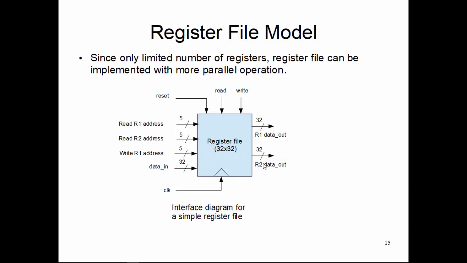Now at this point you may ask why it matters that we want to read two registers at a time. Let me explain. If you look at your arithmetic and logic operations, most of them are binary operations. They involve two operands, like a plus b, a multiplied by b, a and b, a or b. These register files are used to store operands temporarily.